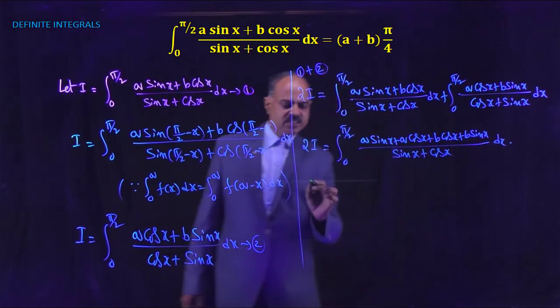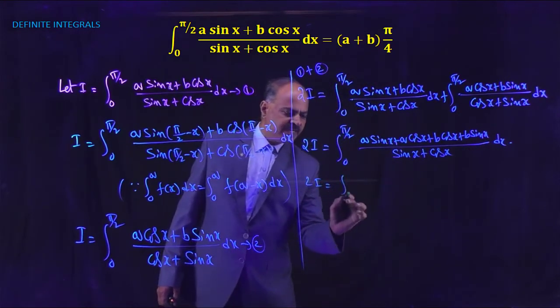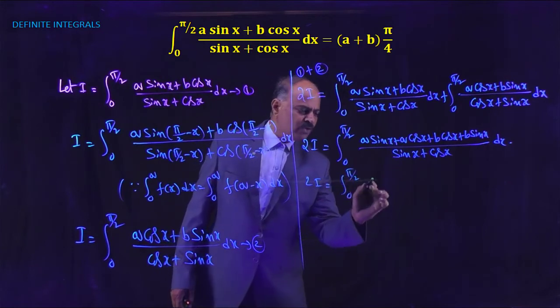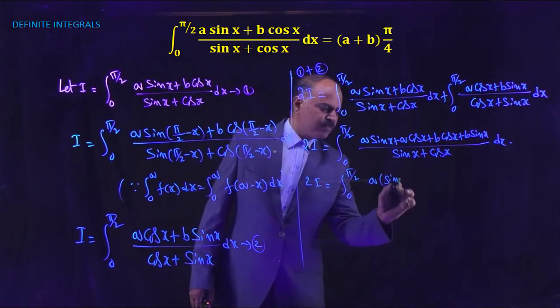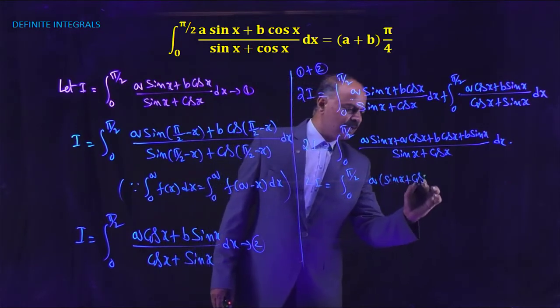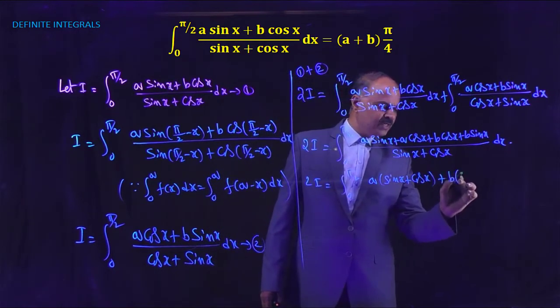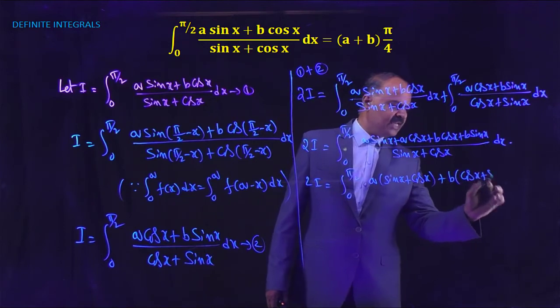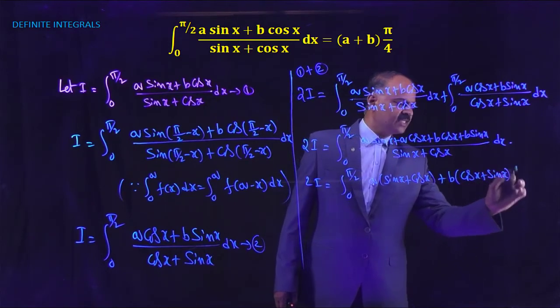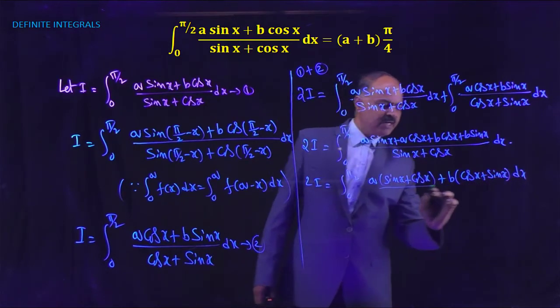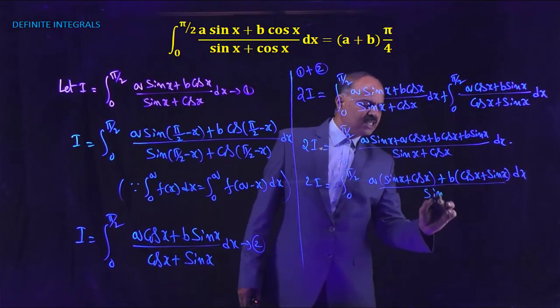Now 2I is equal to integral 0 to pi by 2 of a into (sin x plus cos x) plus b into (cos x plus sin x), dx divided by (sin x plus cos x).